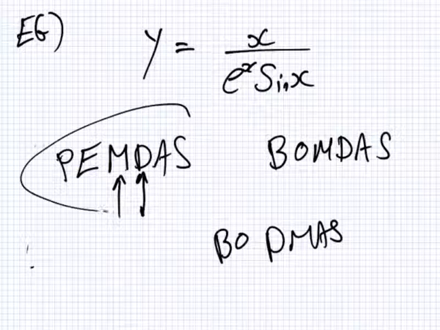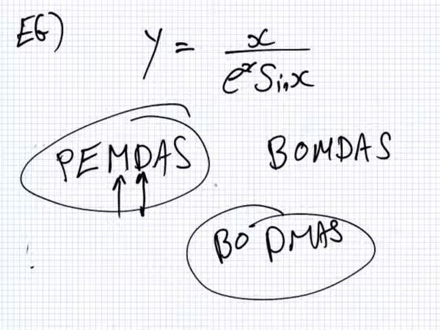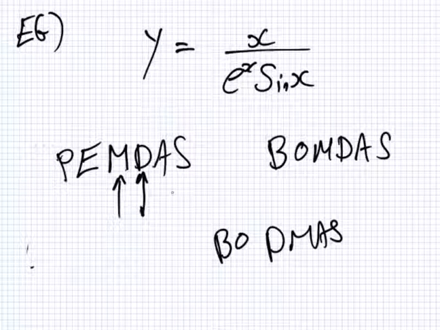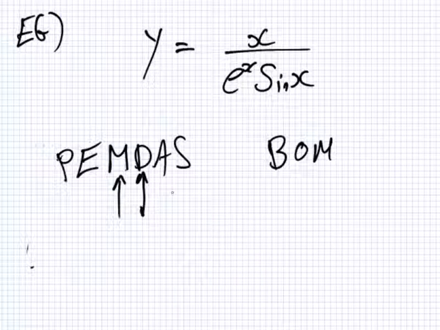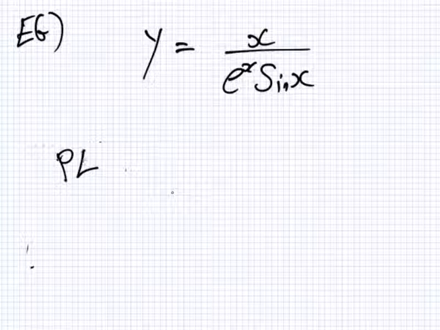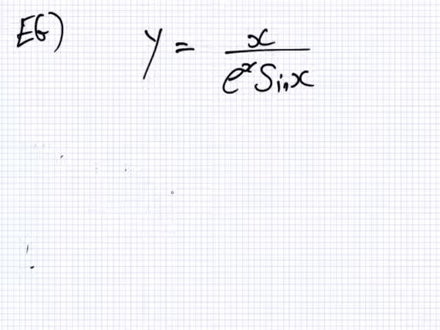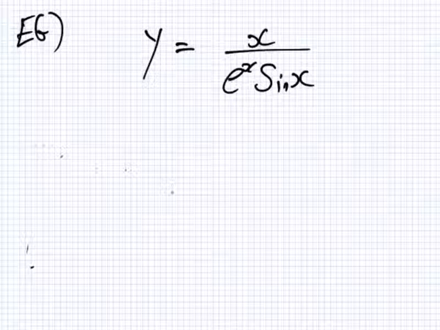So, multiplication before division. Is that what you're thinking of? If in one equation you have multiplication, subtraction and plus, we go in sequence.